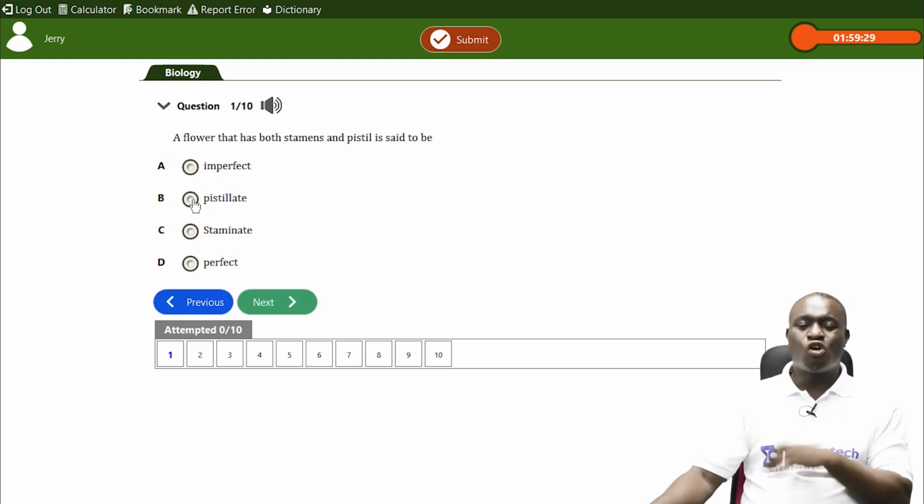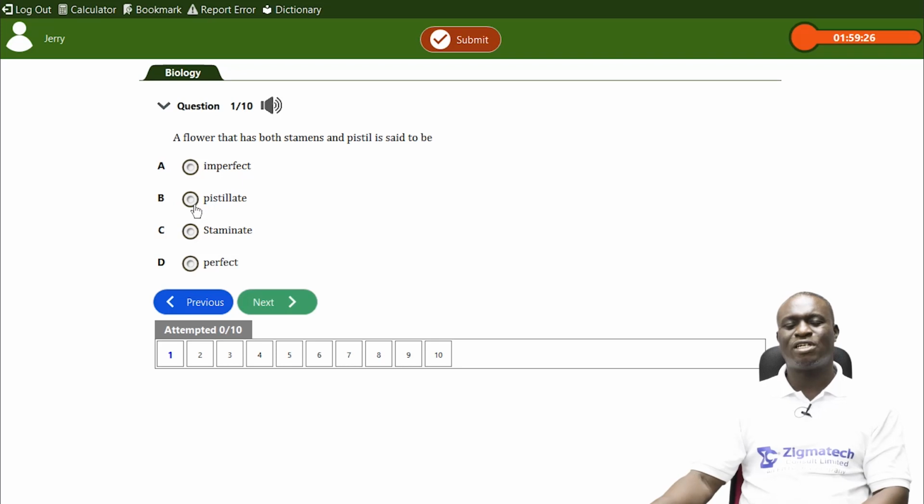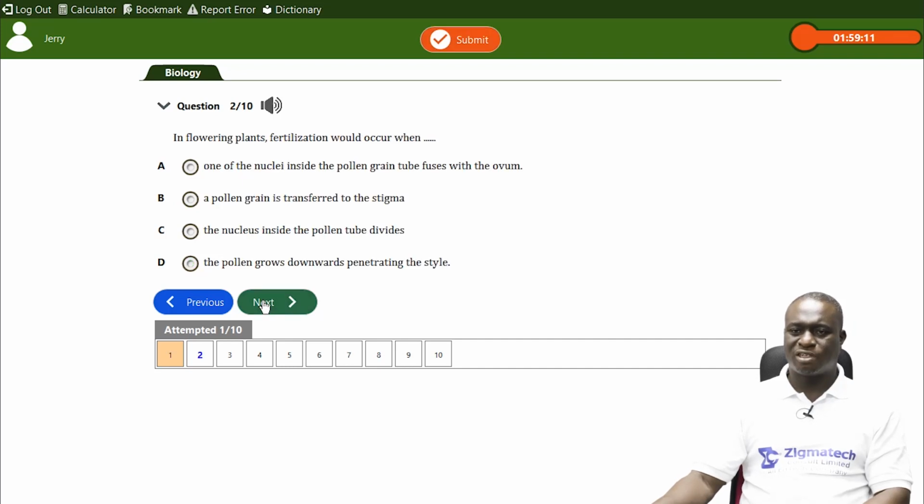But if it has only pistil, it is referred to as pistillate. If it has only stamen, it is referred to as staminate. But a flower that has both stamens and pistil is referred to as a perfect flower.